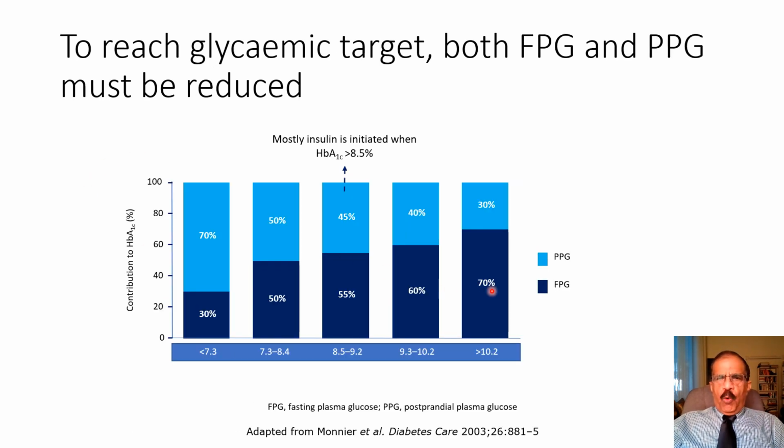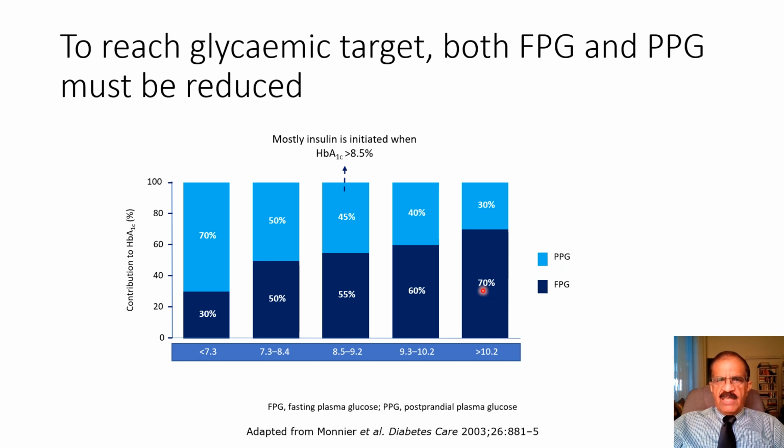Now, both fasting plasma glucose and postprandial glucose are important. When somebody's A1C is very high, like more than 10.2, the major contributor, like 70%, is from the fasting plasma glucose, and 30% contribution to HbA1c is from the postprandial glucose.